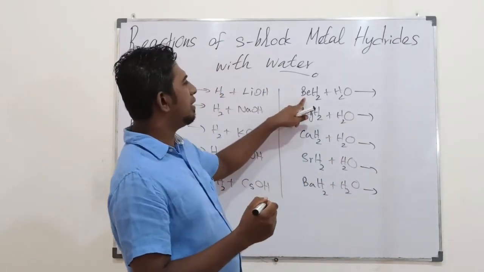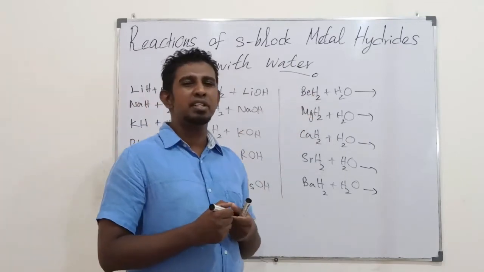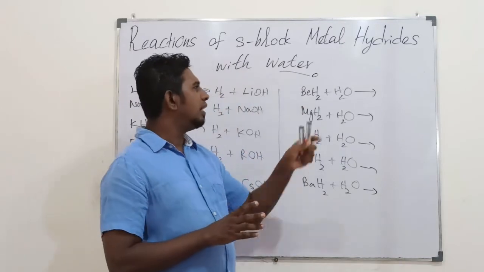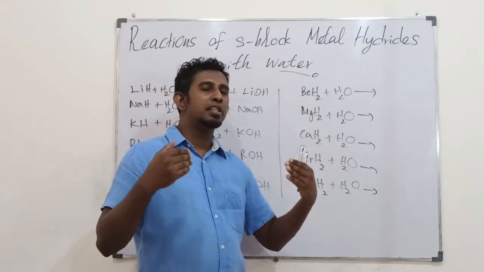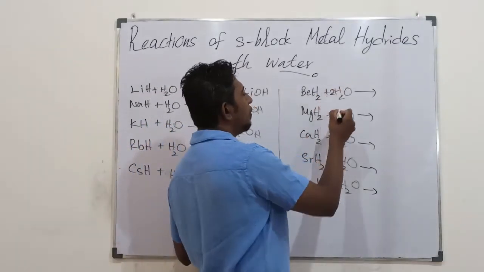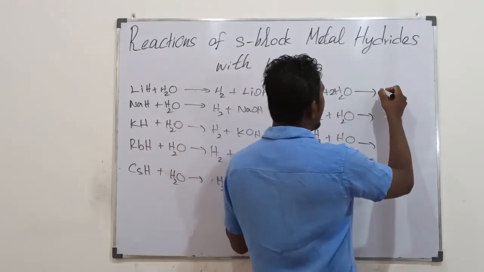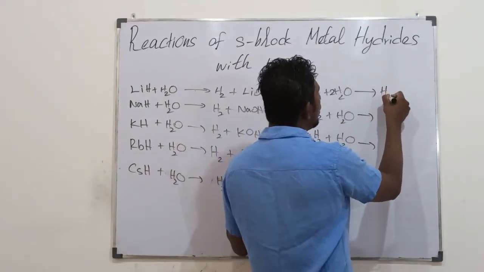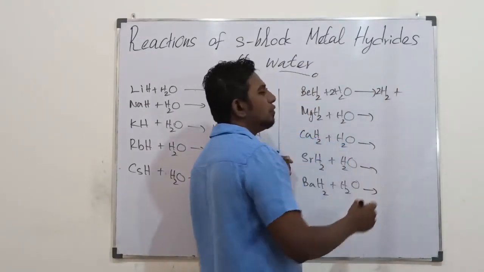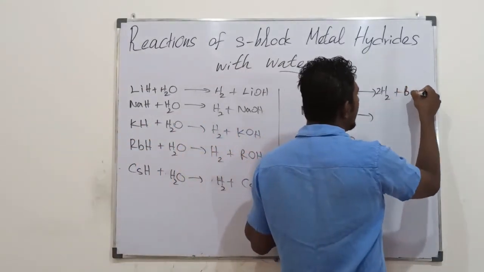So then it separates as Be2+ and H minus. Two H minuses would be given. Then we need two H pluses, and to do that, we need two H2Os. Then two H pluses with two H minuses gives two H2. Then it remains two OH minuses with Be2+.